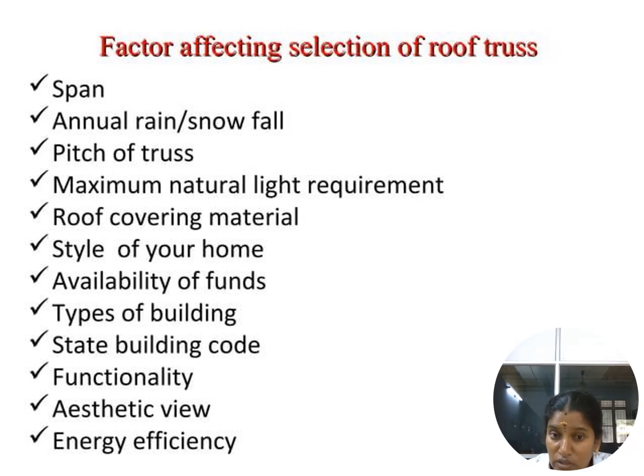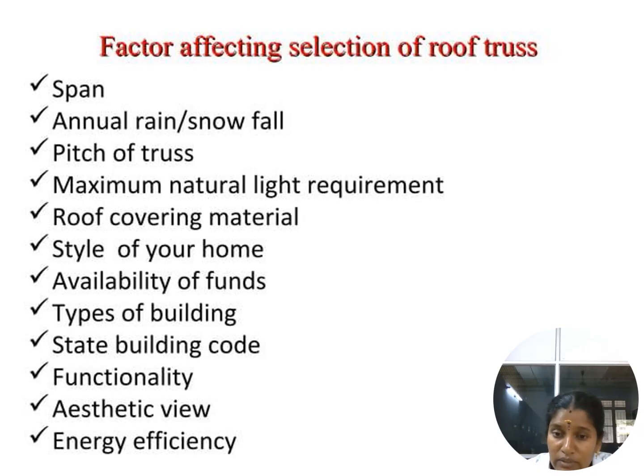Rainfall is also a factor, the most important thing; we have to consider it as a main factor, right? Covering material: if we are providing a roof truss, what covering material are we going to adopt, and which style of home are we going to apply the roof trusses to. And availability of funds. Depending upon the funding, then only we decide how much amount is spent for the proper adequacy of the roof trusses.